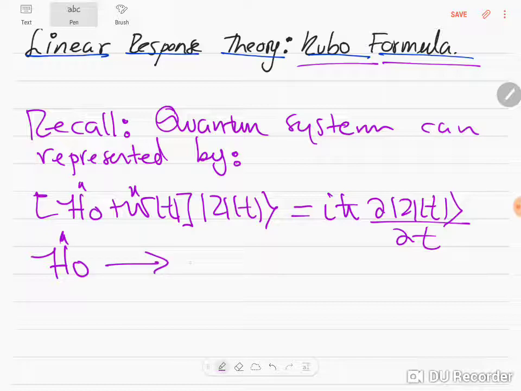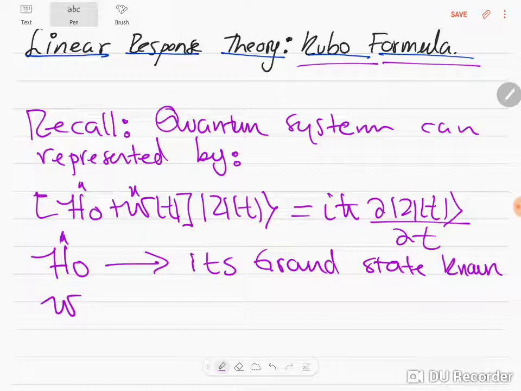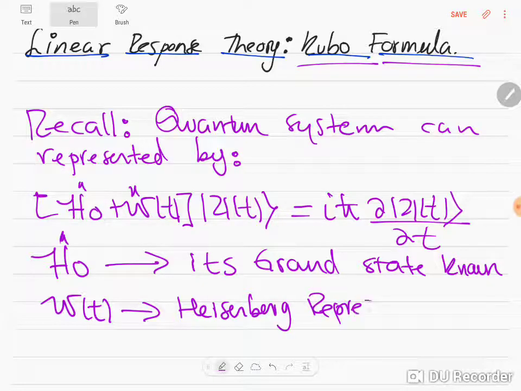Now here H0 is a Hamiltonian for which we know its ground state, so its ground state is known. And W of t in the Heisenberg representation is a perturbation.